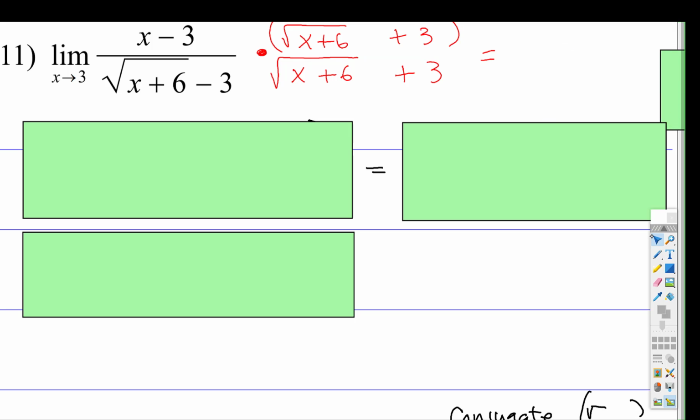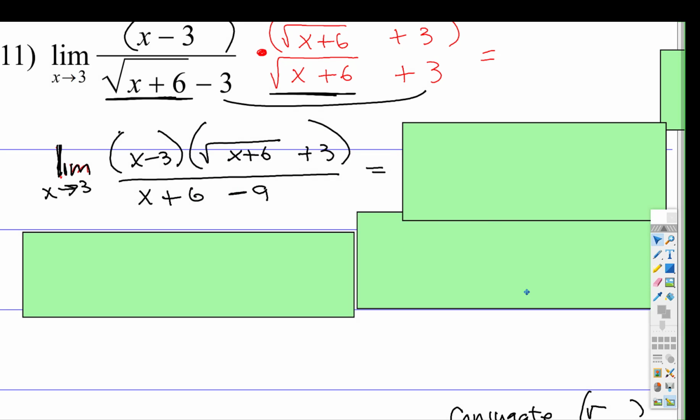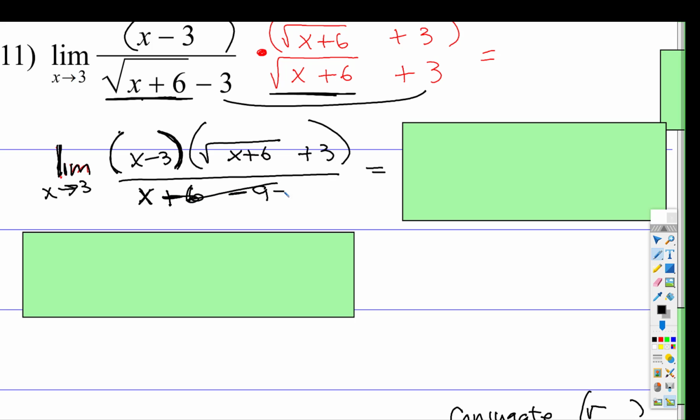All right? So then when you multiply that, remember what I said, just leave this exactly as it is. And then down here, you're going to multiply the first times the first, and that just removes the radical sign, and then negative 3 times positive 3, which is negative 9. So I left the top part exactly as it is, and then this radical times this radical, the x plus 6 comes out, and then negative 3 times positive 3 is negative 9, and when I simplify, 6 subtract 9 is negative 3.